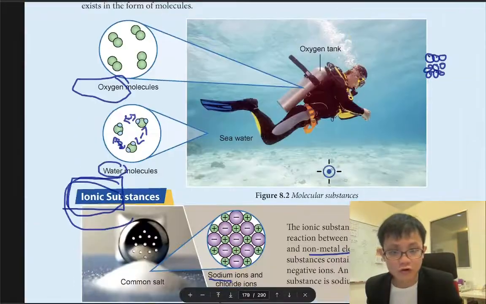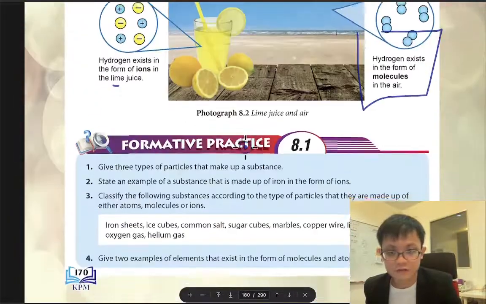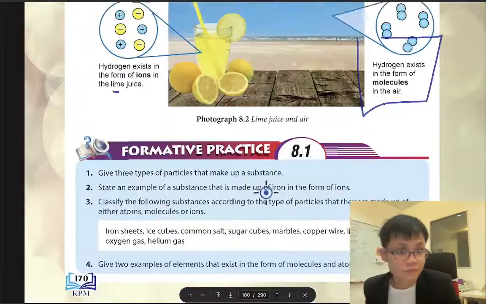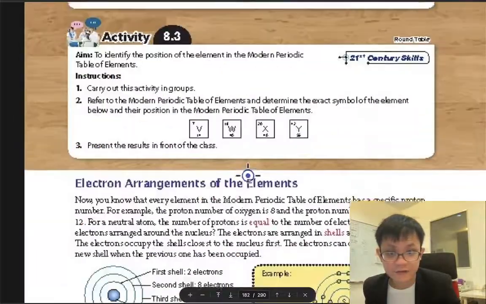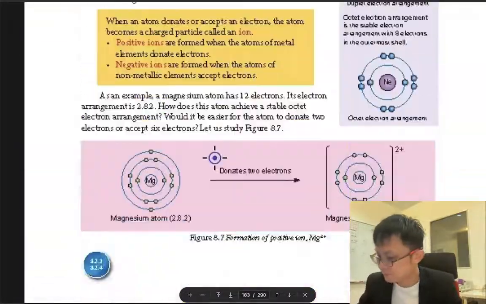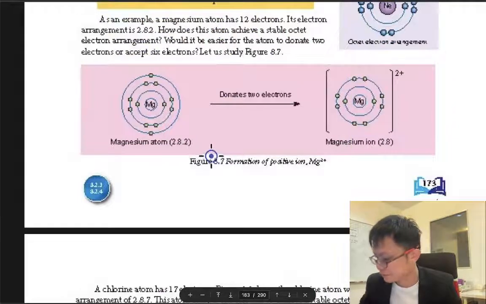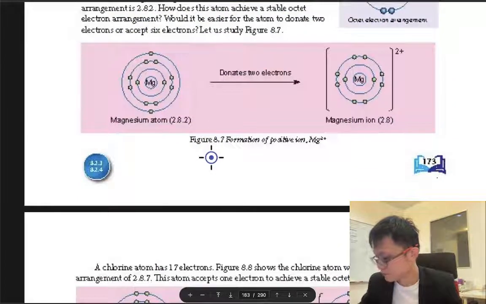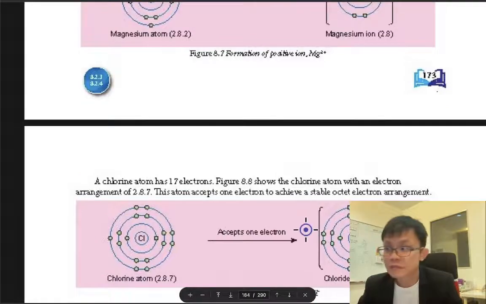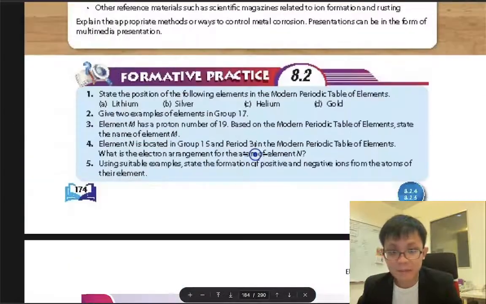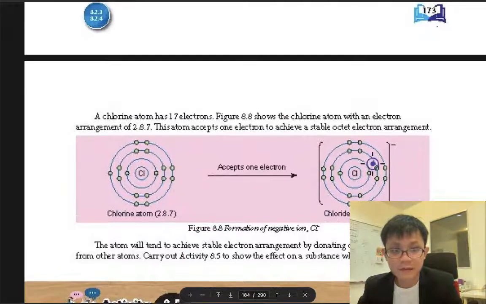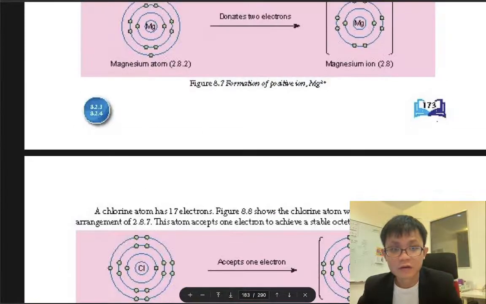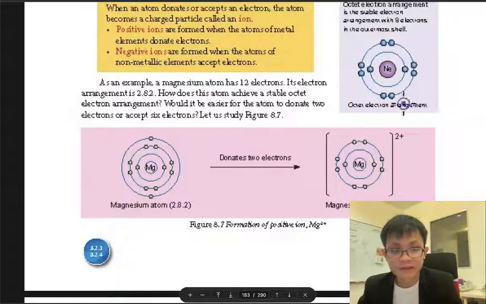Later we are going to draw, I see down here got ion or not, of sodium, hydrogen. Okay, so we can see here there's an example, and here we got chlorine become chlorine ion. We got magnesium, then we can see there is a 2 plus.